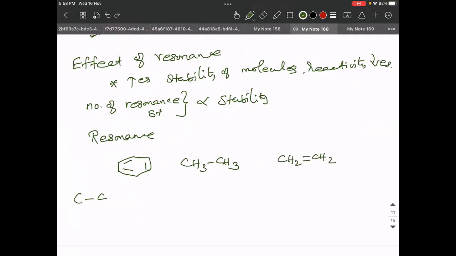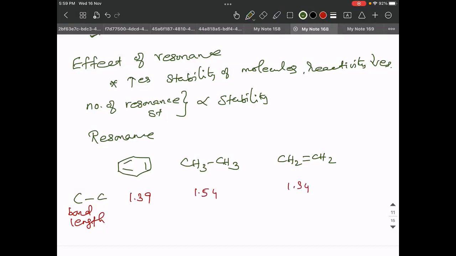So when you are treating that carbon-carbon bond length, here it is 1.39, in methane it becomes 1.54, in ethylene it becomes 1.34.